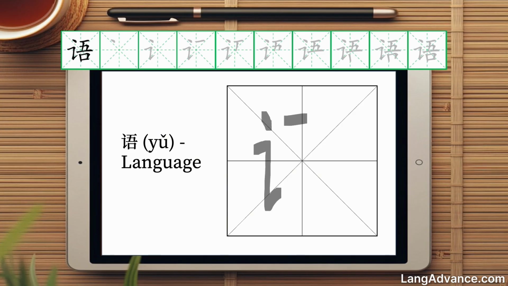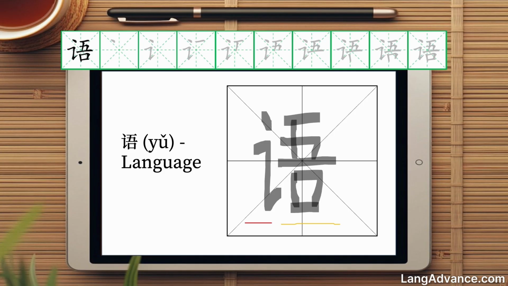Here is our yen, and then the second part. Let's break it up. Here is our radical, and interestingly, in Mandarin Chinese this means I, or I am. So you can take it as my words, language.